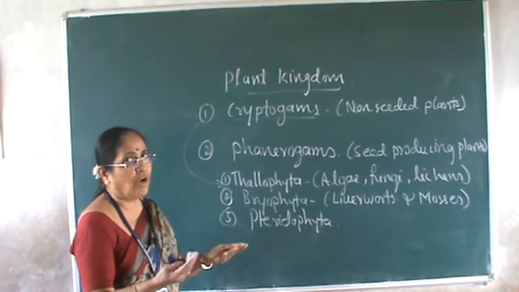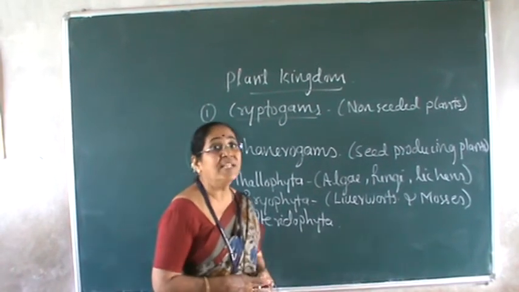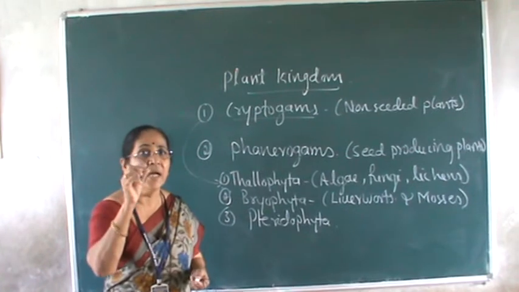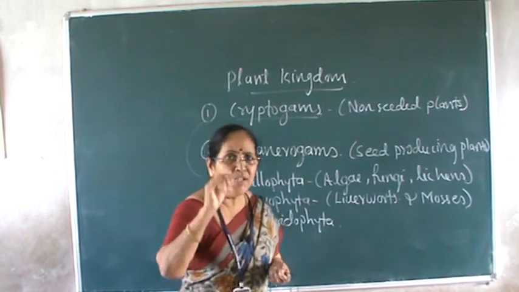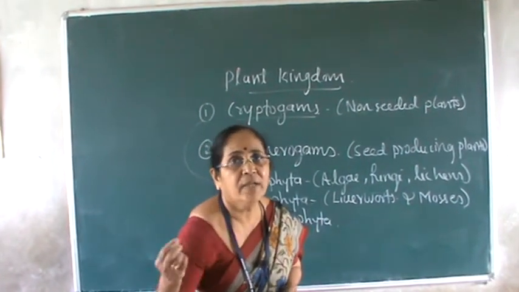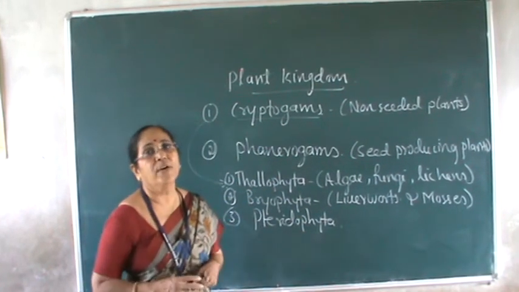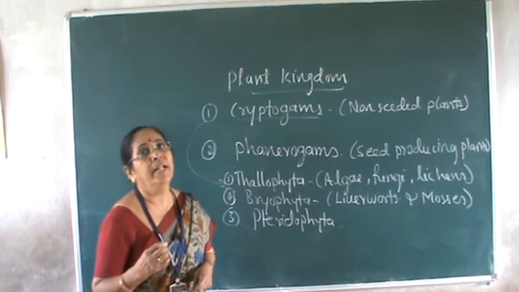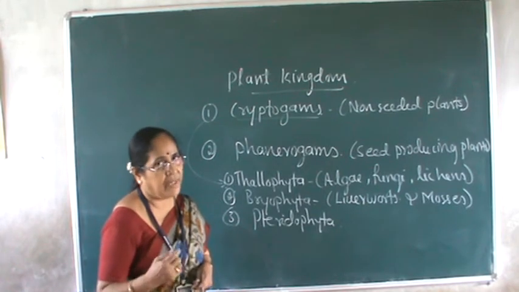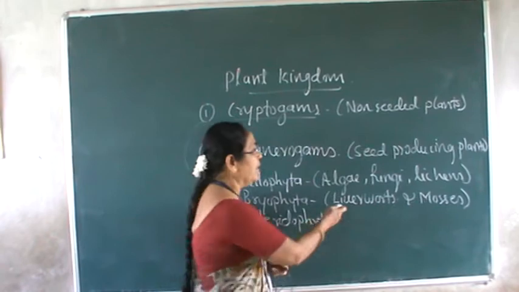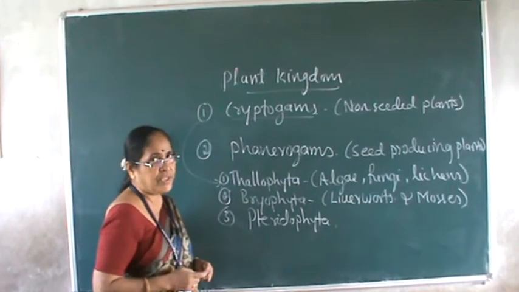The mosses are tiny plants having rhizoids, a small, poorly developed stem-like portion, richly covered with many leaf-like structures. They are called leaves only. So liverworts and mosses are there in the bryophytes.